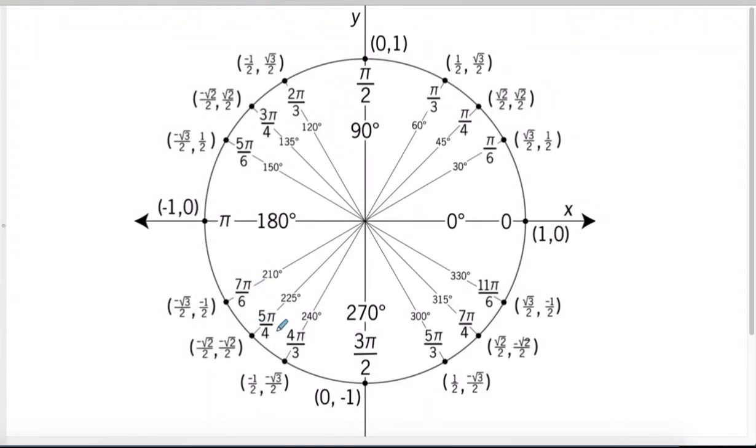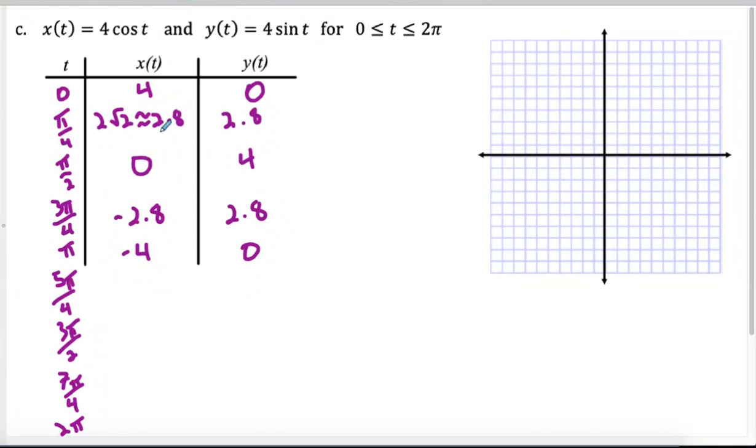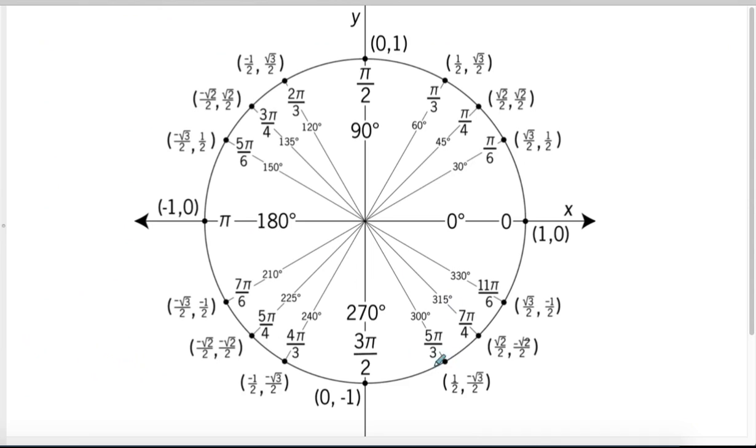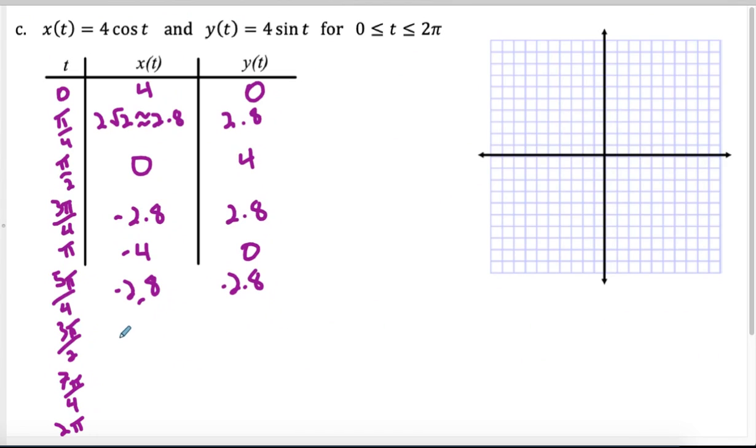And then as we continue around the unit circle, hopefully we can kind of recognize the pattern that's happening. Right? At 5 pi over 4, both the cosine and the sine are negative square root of 2 over 2. So that would be, again, multiplying by 4, we would get about negative 2.8, negative 2.8. At 3 pi over 2, cosine is 0, sine is negative 1. So 0, negative 4.